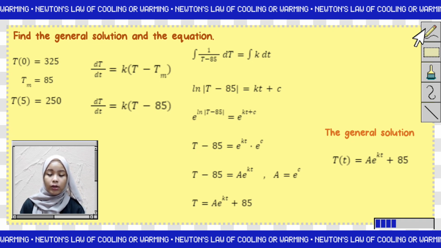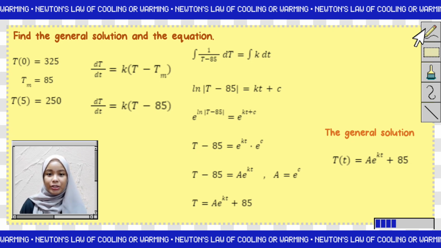And lastly, the temperature of the pipe at time 5 is equal to 250. After that, we substitute the information into the model dT/dt = k(T - Tm), where Tm is 85, subject to T(0) = 325 and T(5) = 250.